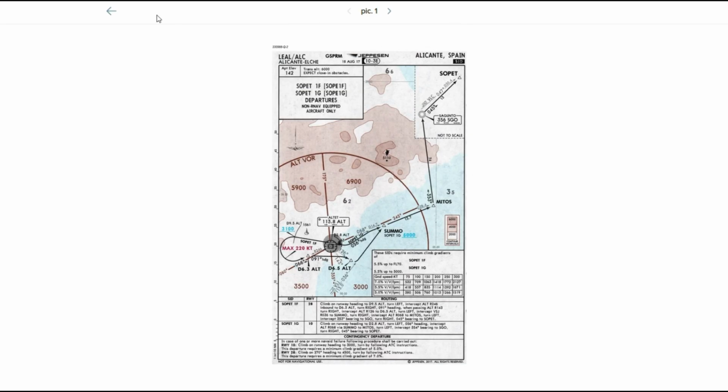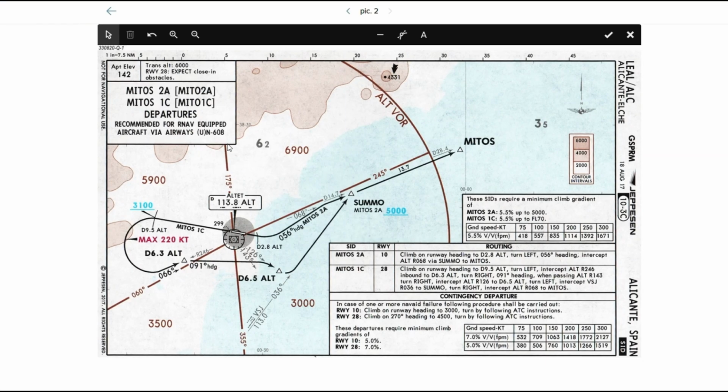Let's check then the second chart. Here we can see that these departures are recommended for RNAV equipped aircraft, and we also have some further requirements regarding airways that we should use after this departure.